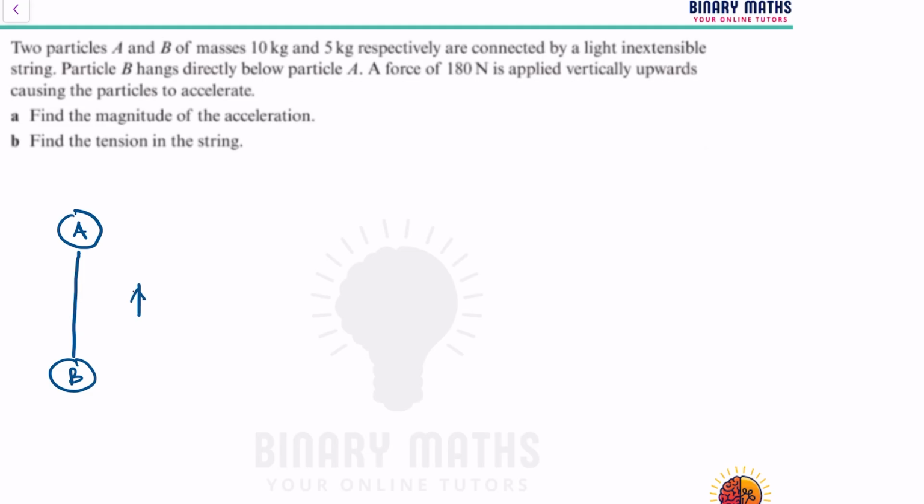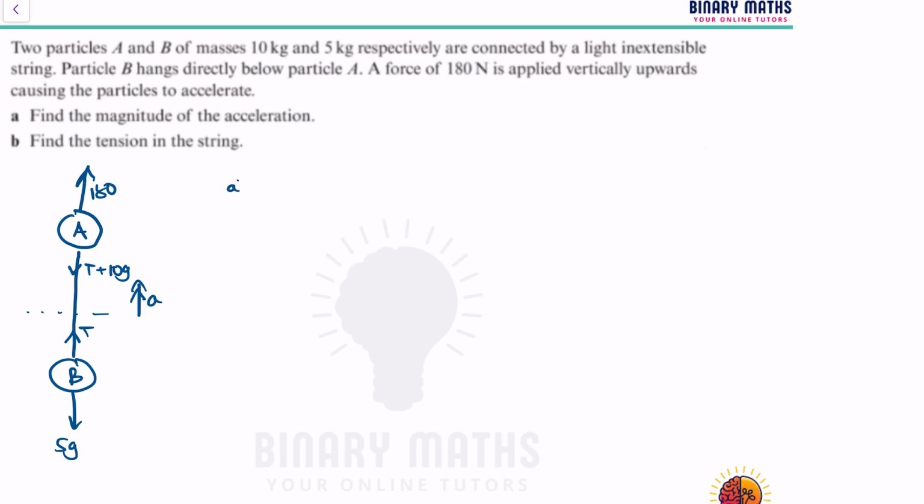So it's going to accelerate up. A feels tension plus its own weight, which is 10g. B also feels tension pulling it up, but it also feels its own weight pulling it down, which is 5g.